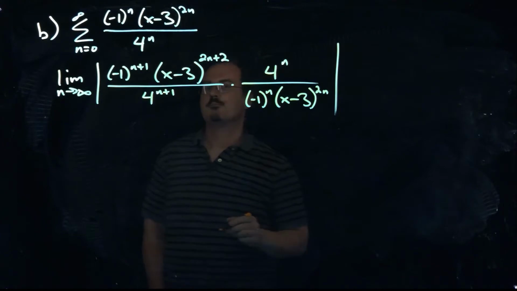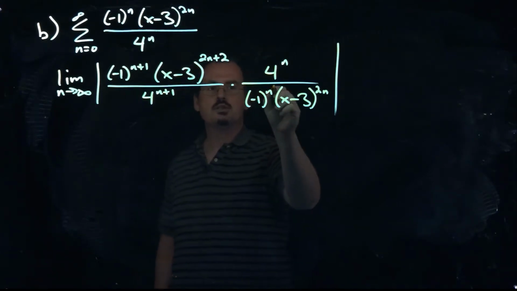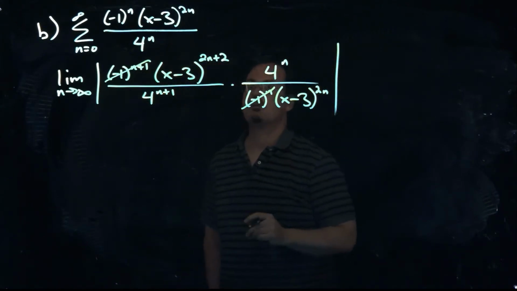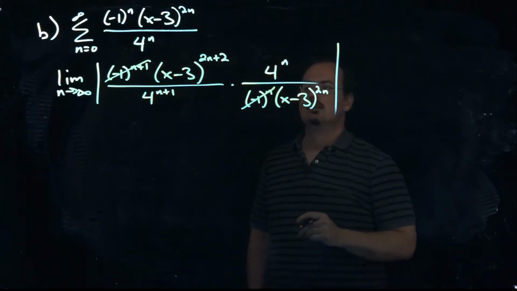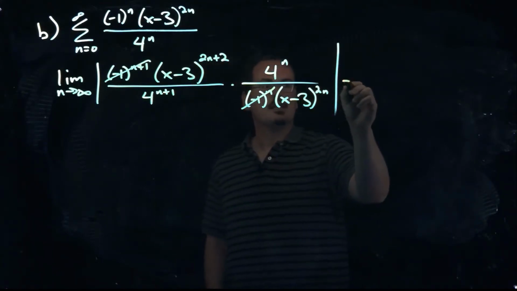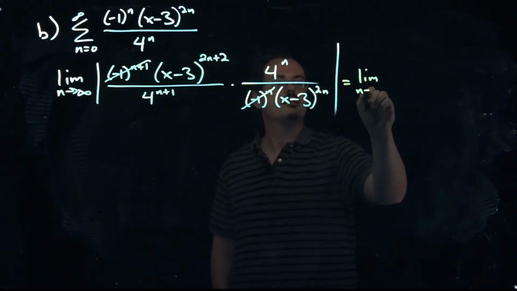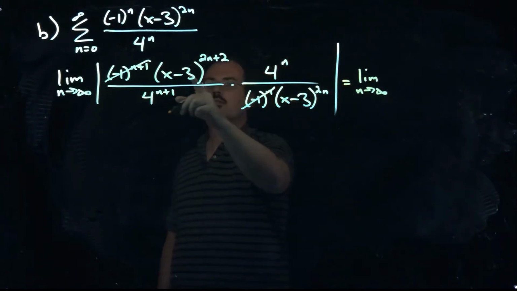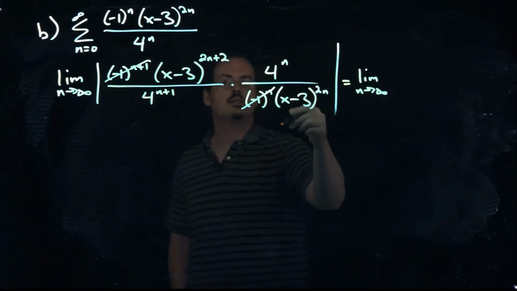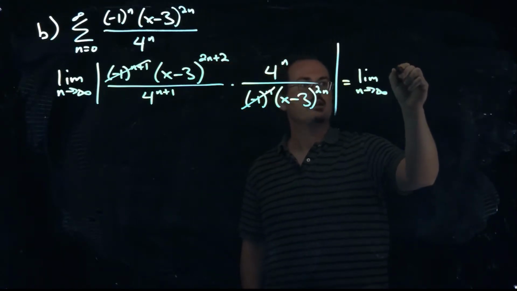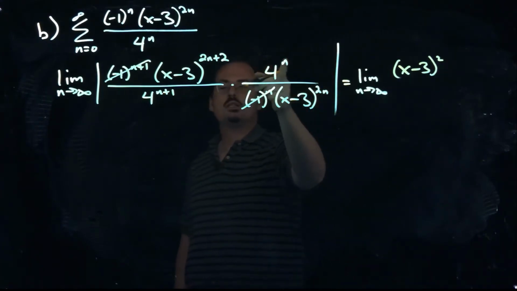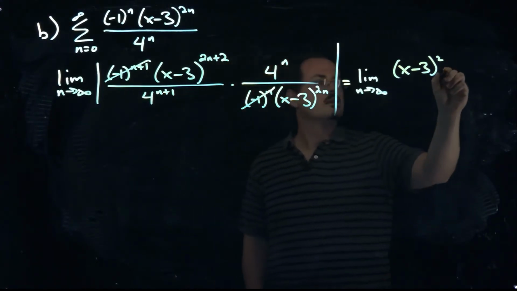Okay, now the minus 1, both of these just go away. And the reason for that, again, is because of the absolute value bars. So that might be the first thing you'd want to do, is just get rid of any of the negative terms. So what is left then? So we'll have that. Now here we've got 2n plus 2 minus 2n. That's actually going to leave x minus 3 squared. And then what else do we have? 4 to the n plus 1.